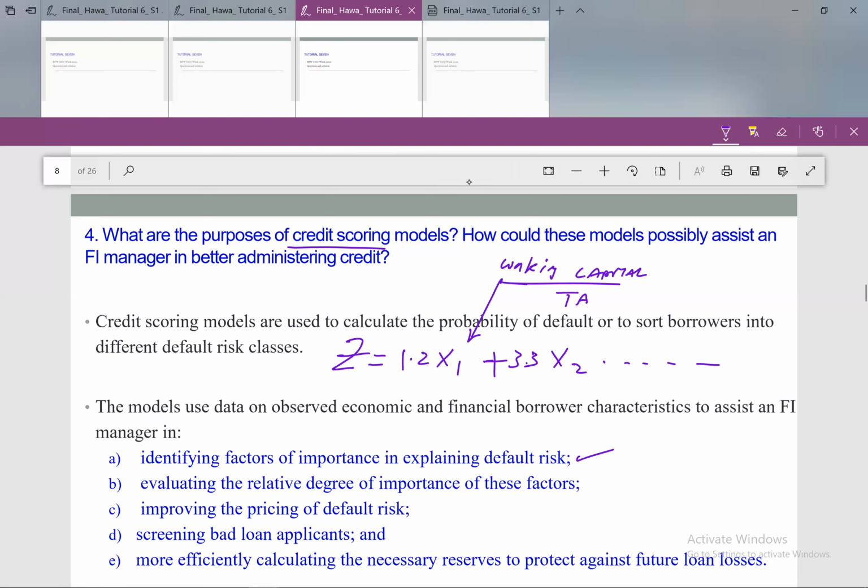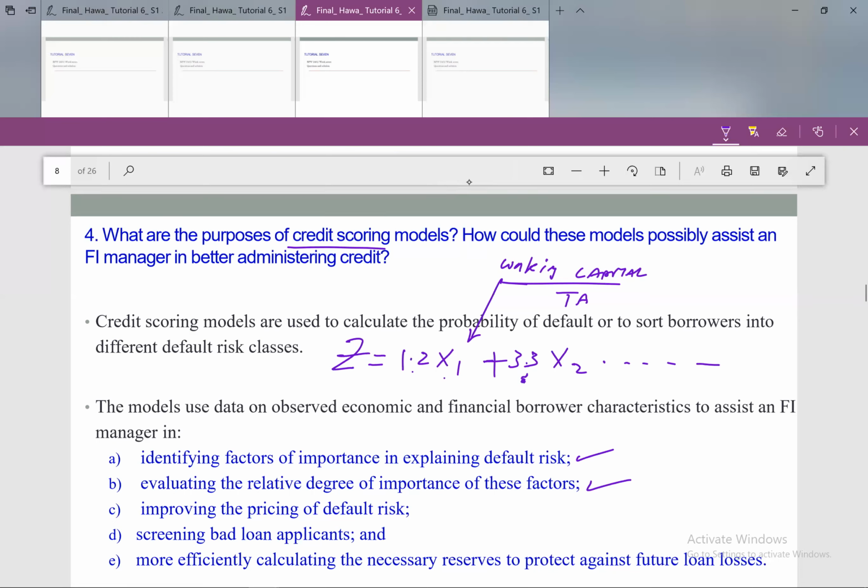So you identify all those variables and evaluate the degree of importance. How do we evaluate it? This is only 1.2, but 3.3 is more important. The coefficient is higher, so this variable is more important than this one. You identify the variables first and put the weights through the coefficients.